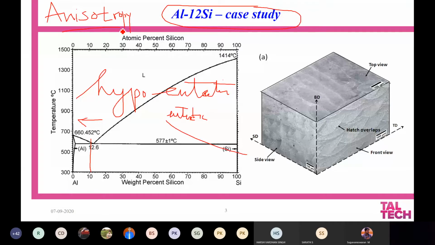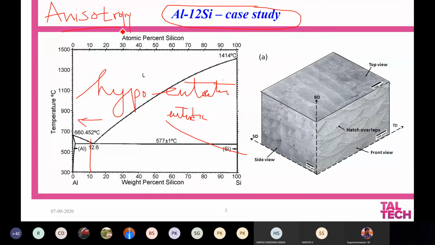But when you see the microstructure of the sample surface, it is going to be highly anisotropic. This anisotropic nature of the microstructure is unique in terms of selective laser melting.